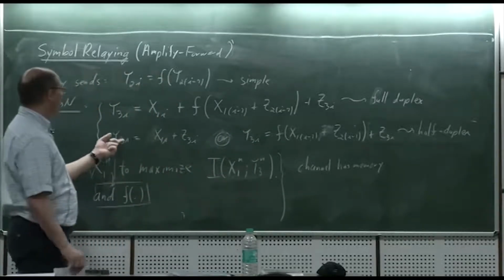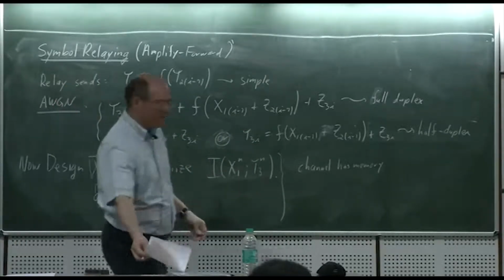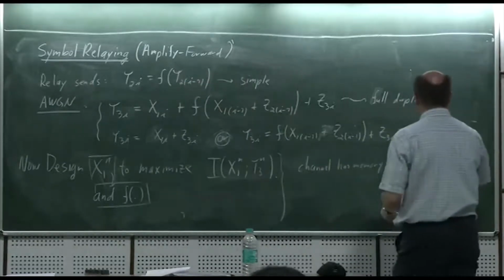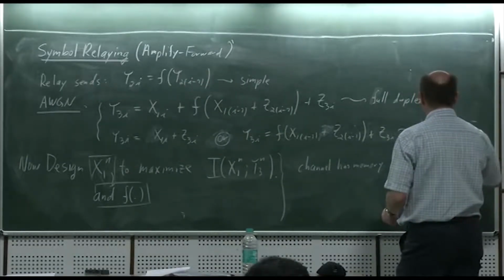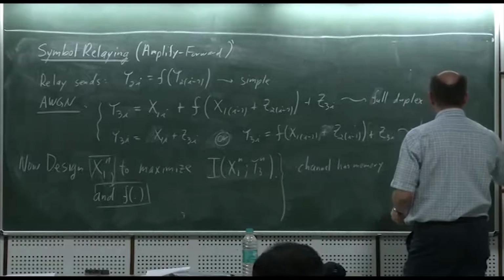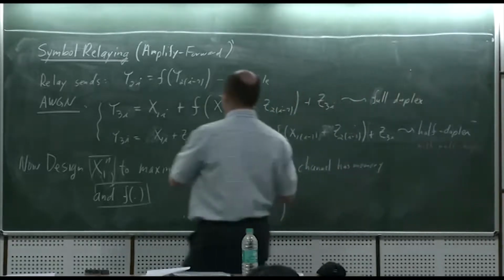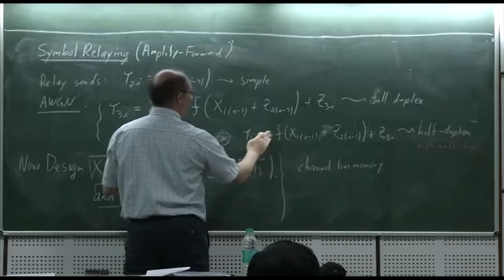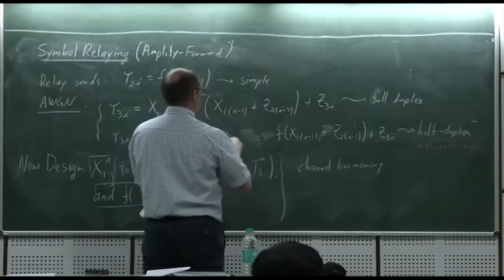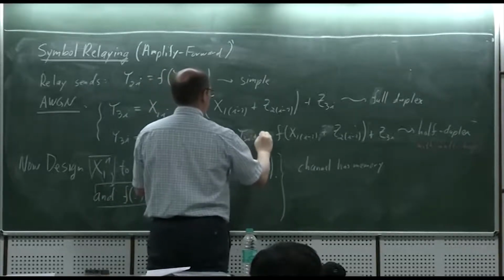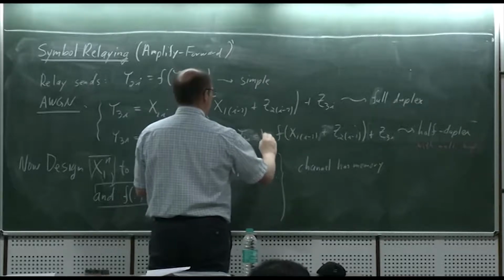Oh, and by the way, this is a special half-duplex, I should mention, with multi-hop. What I mean with multi-hop processing is I'm not sending anything here. So if I want to get rid of that, maybe I should write this: y3i plus equals x1i.